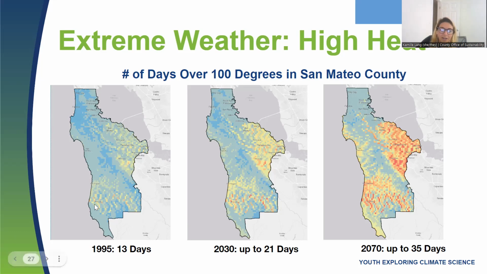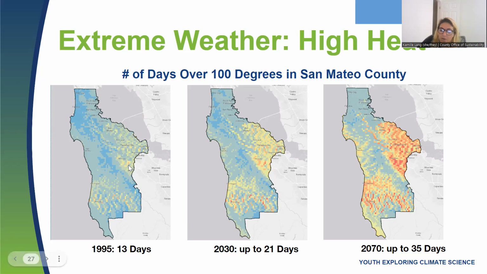You can see a lot of orange near Pescadero. This is Half Moon Bay. If you drive down the coast of San Mateo County through Pescadero, that's the area that was experiencing the most high heat, as well as places in the East Palo Alto area and just south of Woodside.